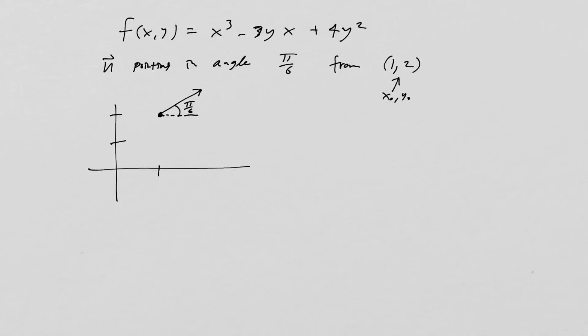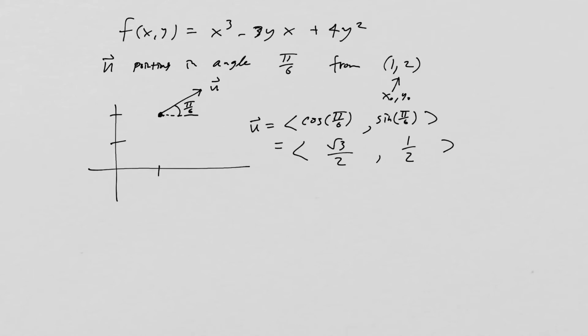Okay, that's the direction I want to look. So there's my u. Okay, so the question is, how do I actually define u if it's in terms of an angle? And of course, I'm going to use cosine and sine. Right, and there's another way to write these. If you look up your unit circle, you're going to see that that's 1/2 there, and this is going to be root 3 over 2 there. Okay, so that's the direction we want to go.